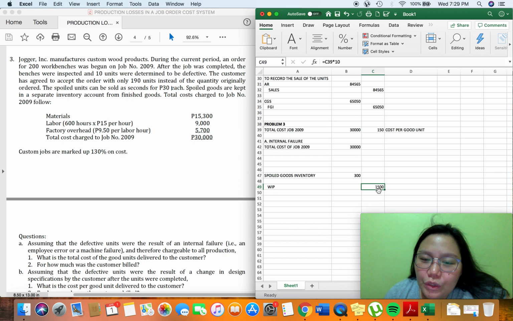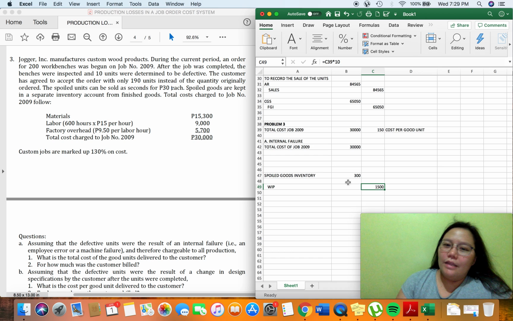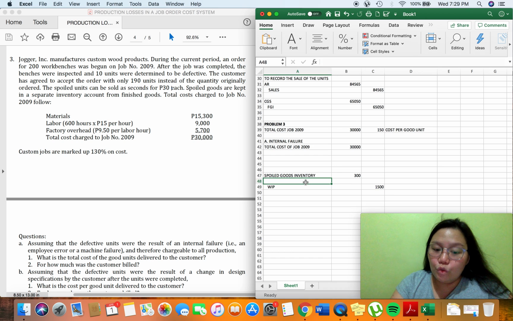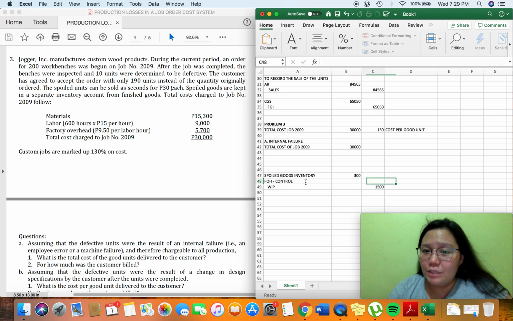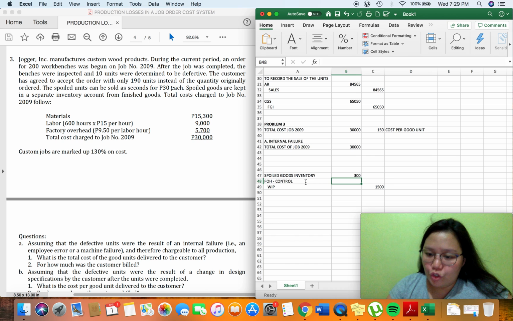So if you will notice, our journal entry is not yet equal, di ba? Or yung debit and credit side natin is not yet balanced. And therefore, we have to debit factory overhead control or yung actual overhead natin, di ba? We will record the difference between the total cost of the spoiled units and the net realizable value of the spoiled units.